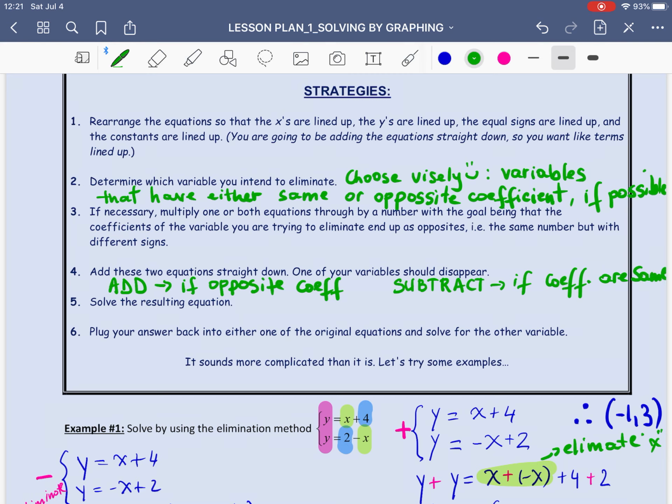Okay? And then we solve the resulting equation, and then at the end we just find the other variable. So we use the other equation.